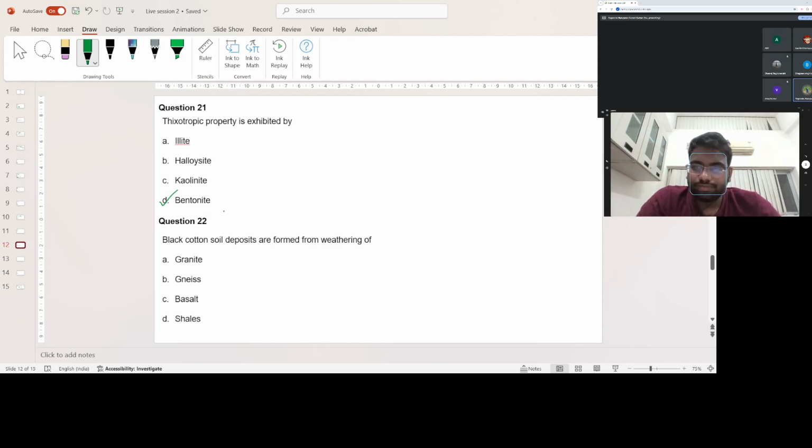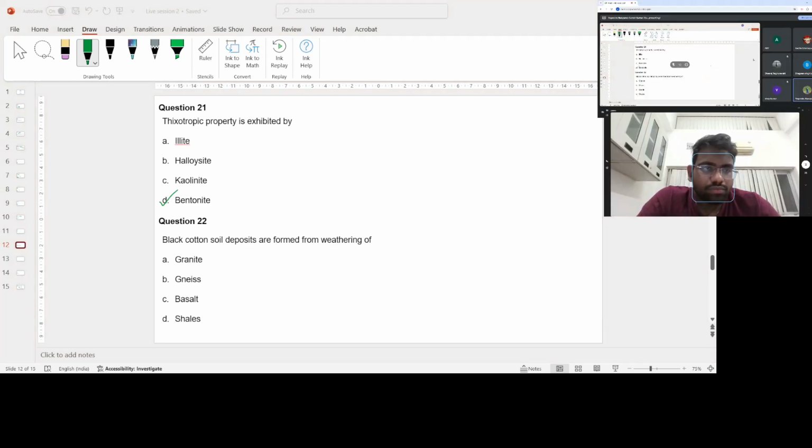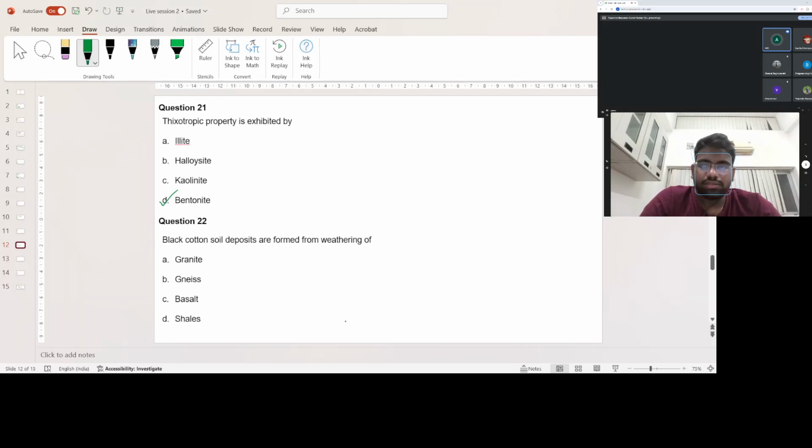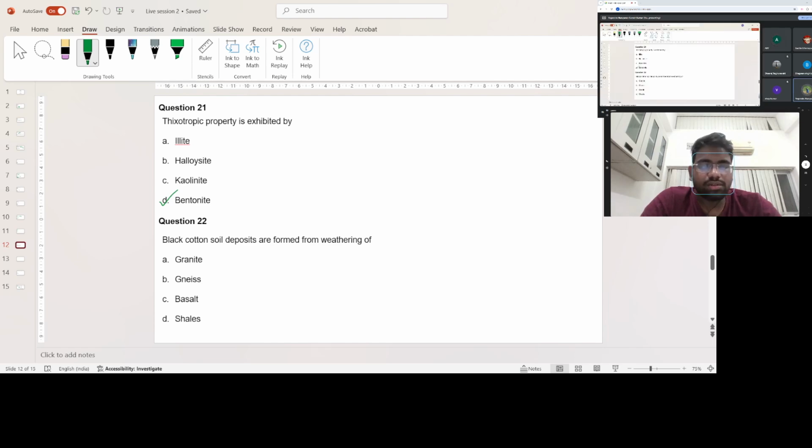Am I clear? Yes, sir. And sir, it is with the same moisture content, right? Yes, at the same moisture content. In the graph, there is no place to accommodate that moisture content.